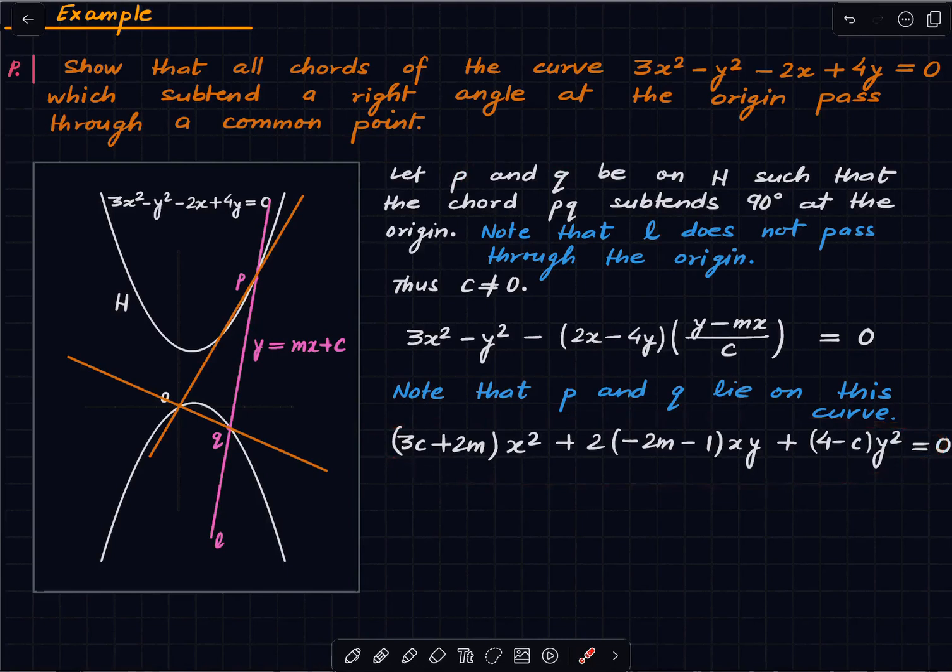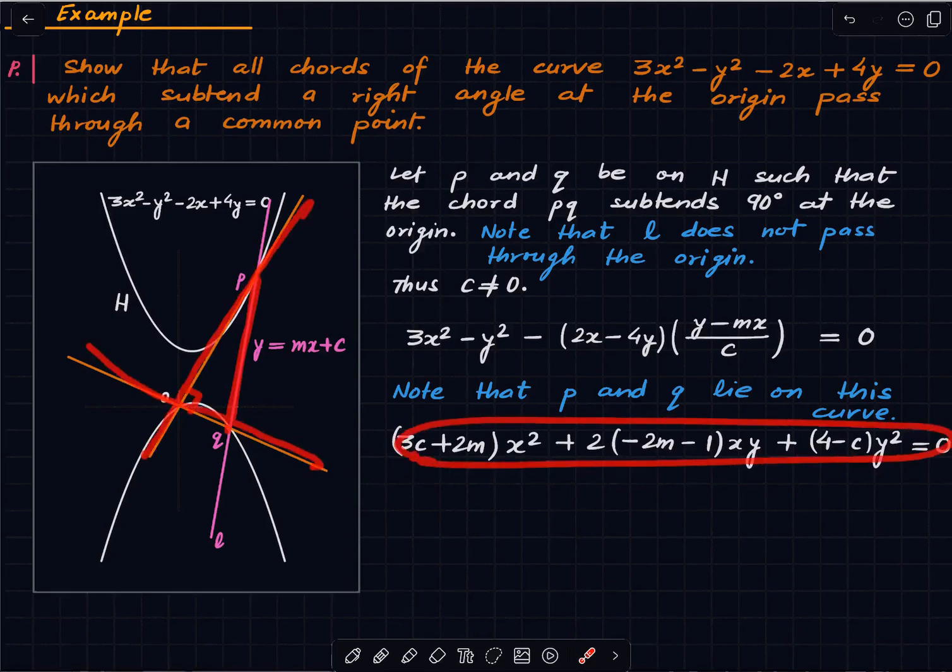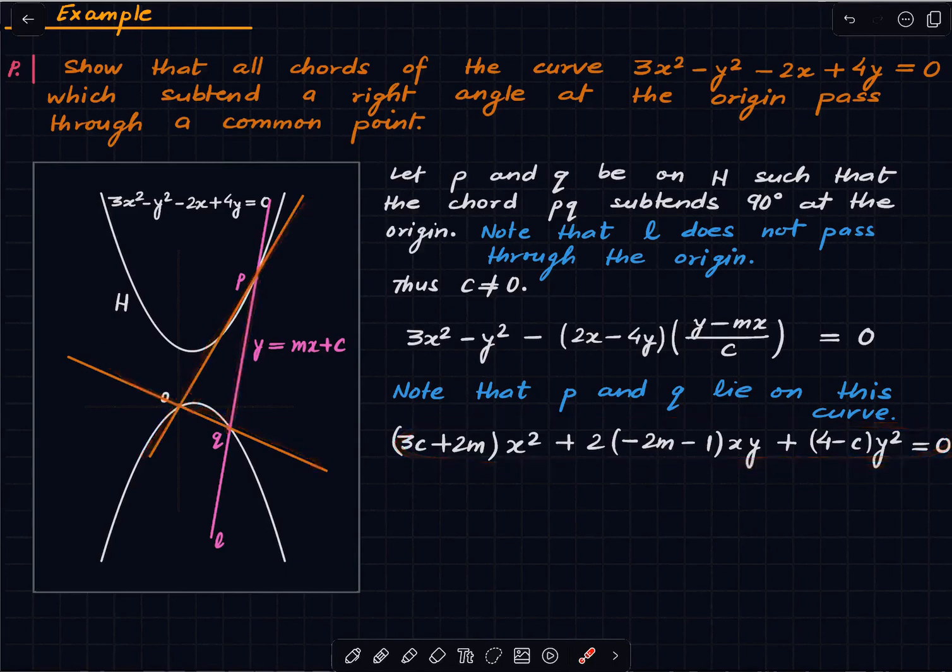We know since this chord subtends an angle of 90 degrees at the origin, these two lines are perpendicular. So the lines that this curve is capturing are perpendicular, and hence the product of their slopes is -1. And therefore this divided by that is equal to -1, because that is the expression for the product of the slopes.